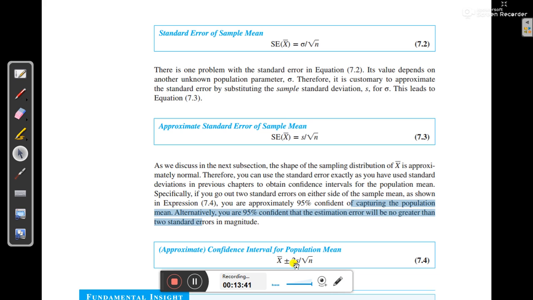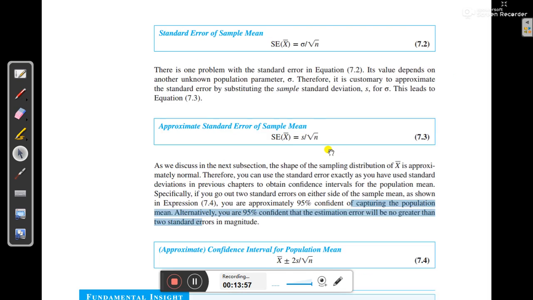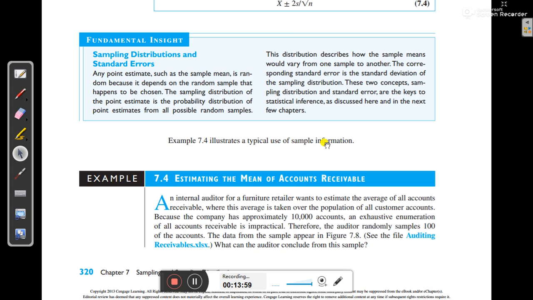So this is the ultimate equation, the confidence interval for the population mean, the interval where the sample mean will lie. This is the location, which is not more than $3,000 on each side of the mean. This is a histogram only.